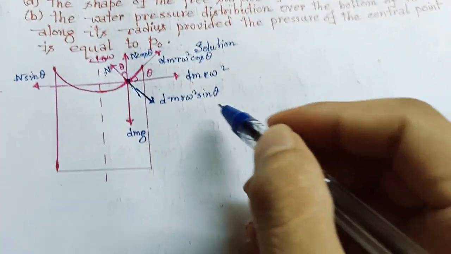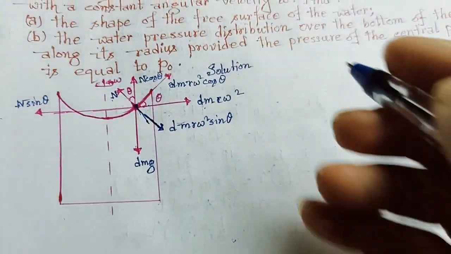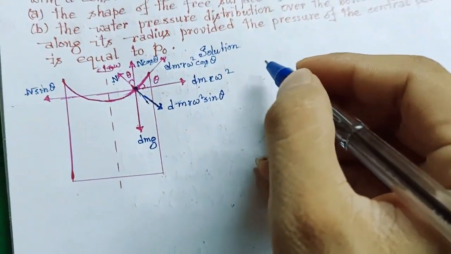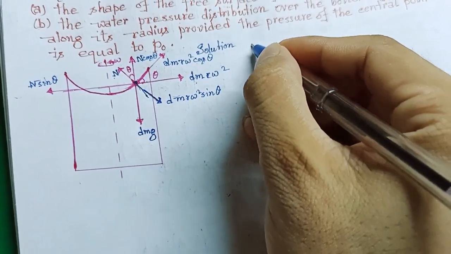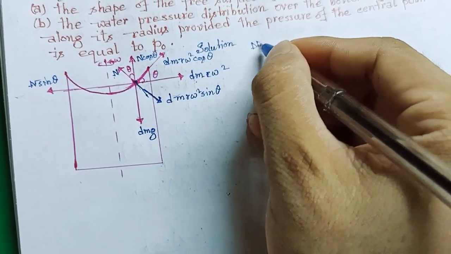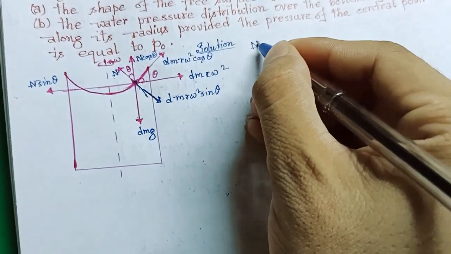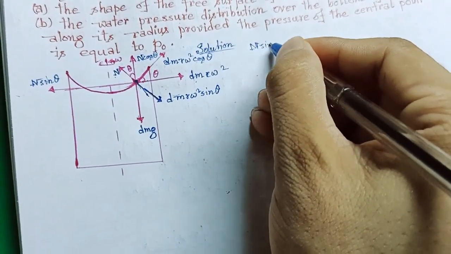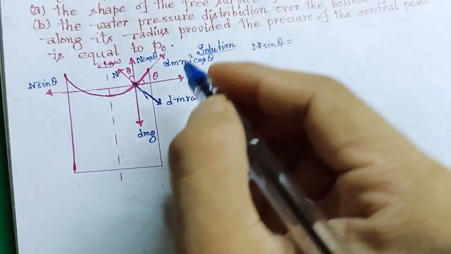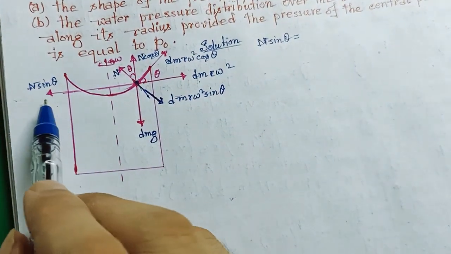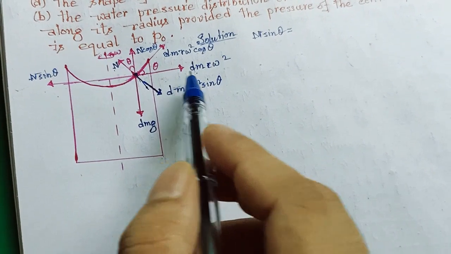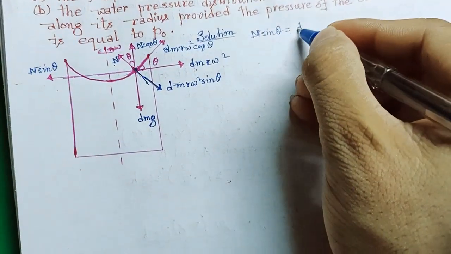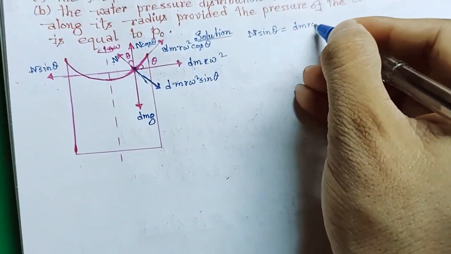Now if we balance the forces from the FBD of this diagram, we get N sin theta is equal to dm r omega square.